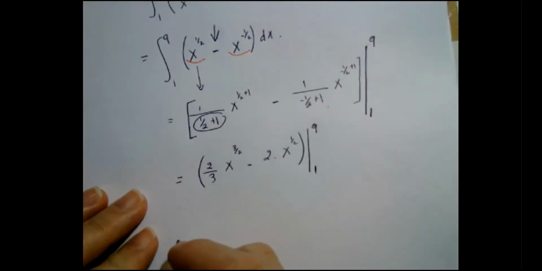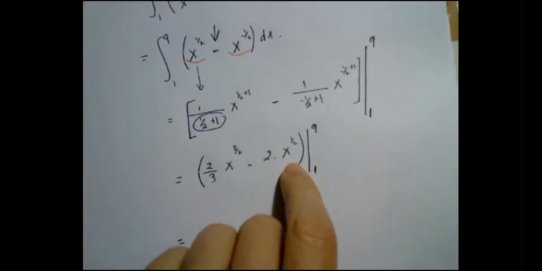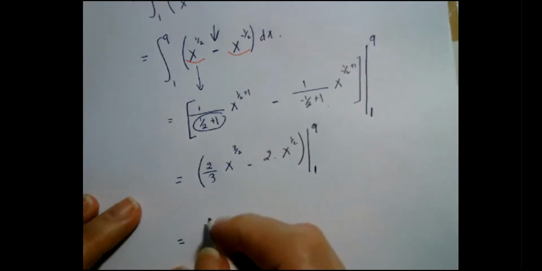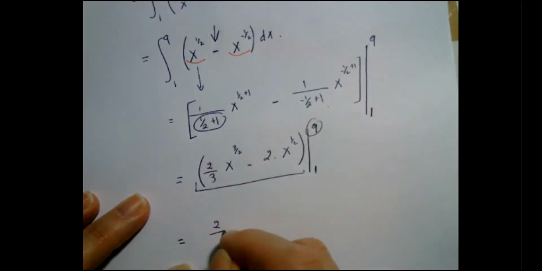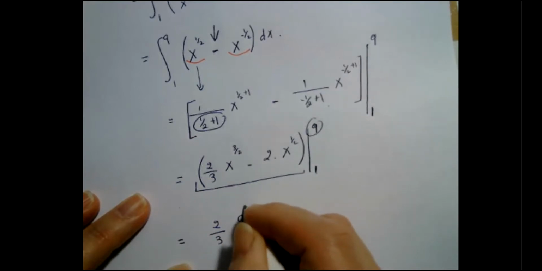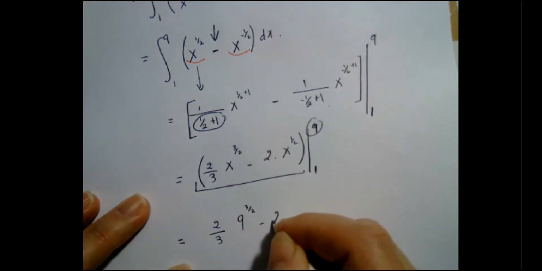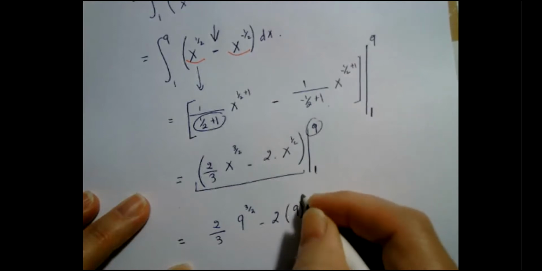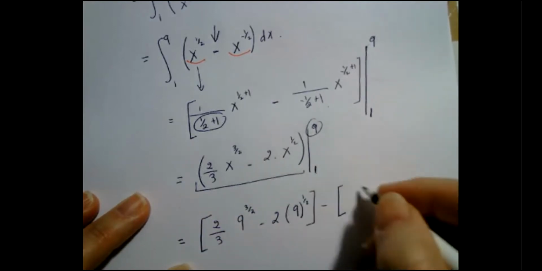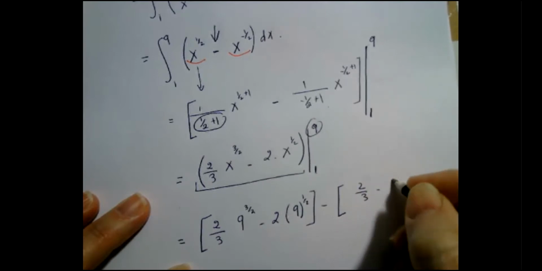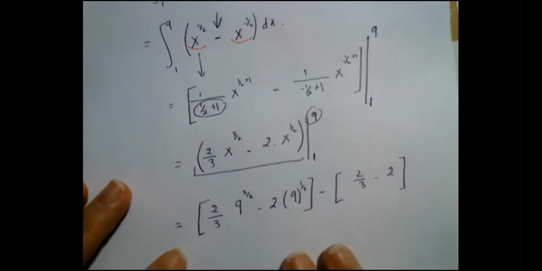So finally, this is equal to, I evaluate at the upper minus the lower. So the whole thing at the upper limit: 2/3, 9 to the 3/2 minus 2, 9 to the half, minus, at 1, 2/3 minus 2, because it's just 1.